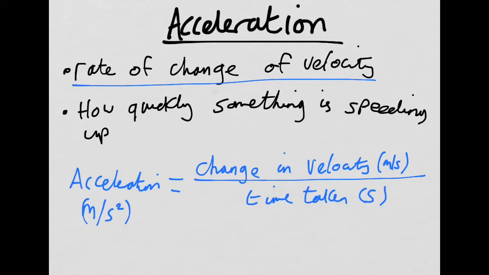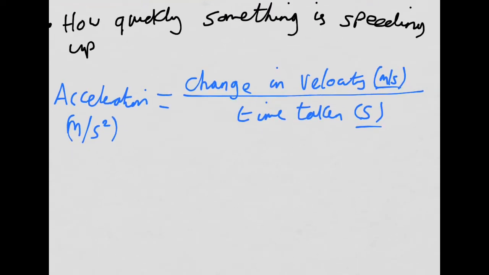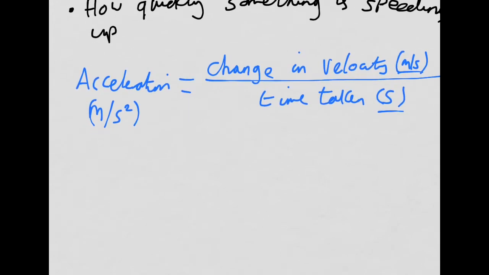That's what we get when you take meters per second and divide it by seconds. You might see this written down more frequently as the change in velocity. Remember, this delta symbol, this triangle, means change in. So the change in velocity divided by the time taken is equal to acceleration. That's the same equation, just with symbols instead.